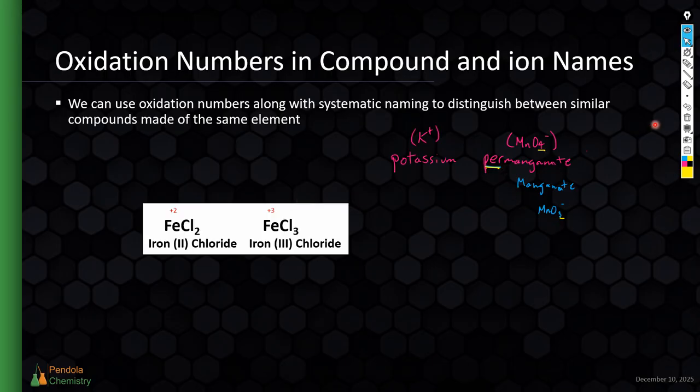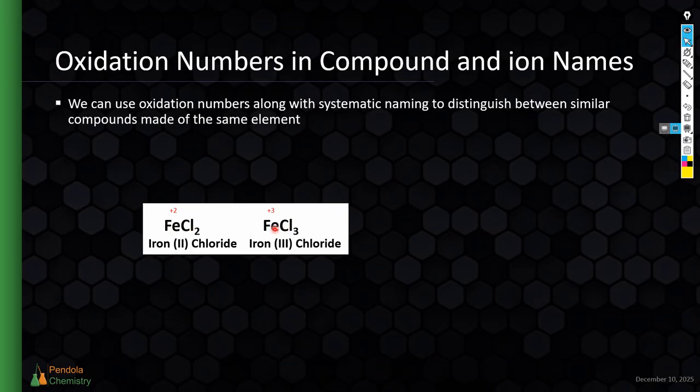We can see some other examples of these in more common ions. Iron 2 and iron 3, for example. This we actually did last year in honors chemistry. We learned that when an element has multiple ions, we can use a Roman numeral with the charge of that ion in it in order to tell them apart.